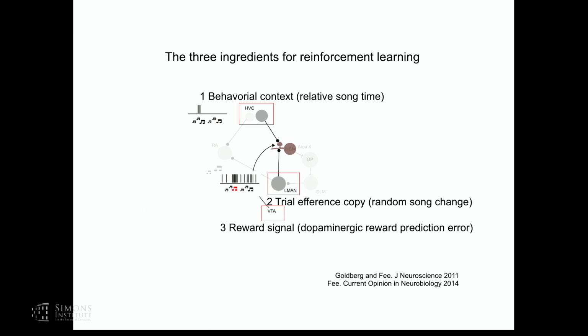And this makes a very specific prediction in that you want to change the strength of the connections that come from HVC, but not the ones that come from LMAN, because that's just an efference copy, and it would make no sense to bias preferentially for just an efference copy.